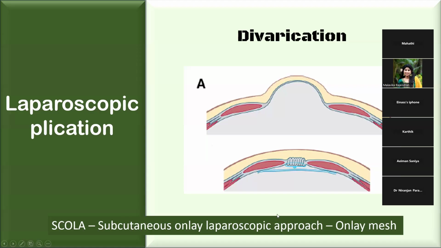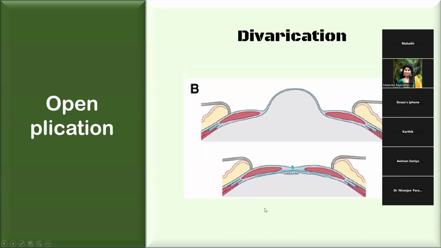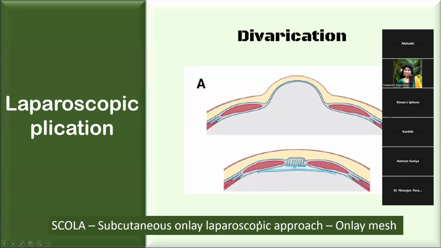Dissection and plication may be all right, but they use an onlay mesh, and that really is not the recommended plane for the placement of the mesh. And here you can see a similar thing, plication. You can see that, as I mentioned, the previous picture, it is in the intraperitoneal plane actually. An intraperitoneal mesh, it could be extraperitoneal but deep to the posterior rectus sheath.